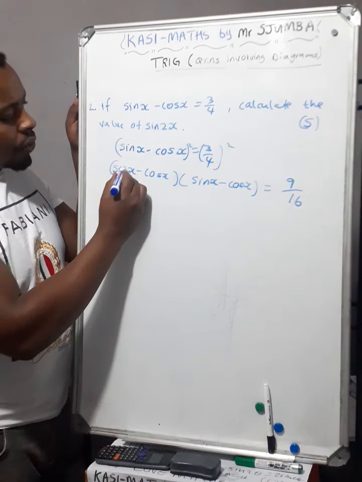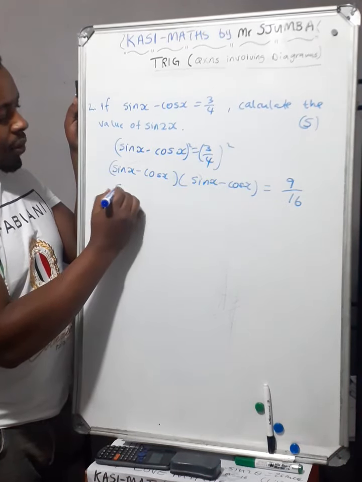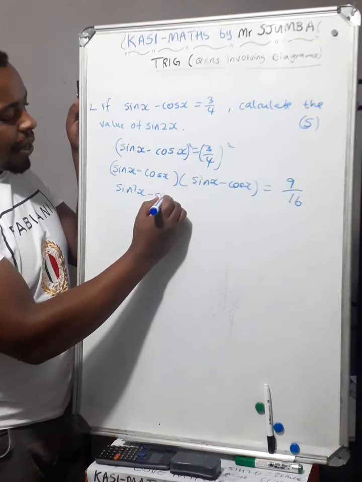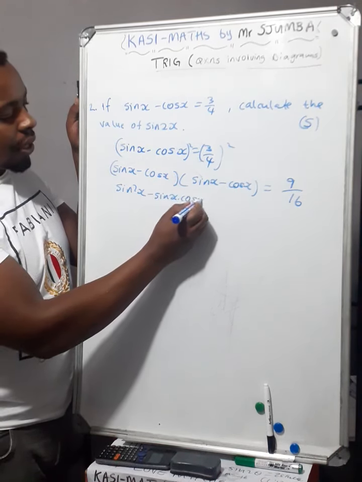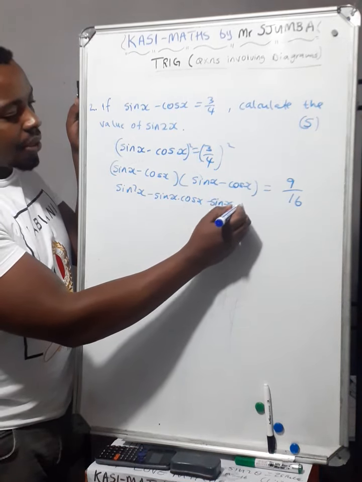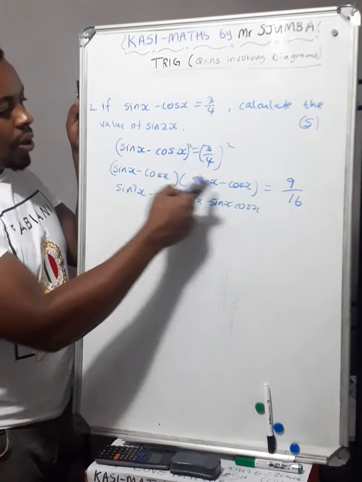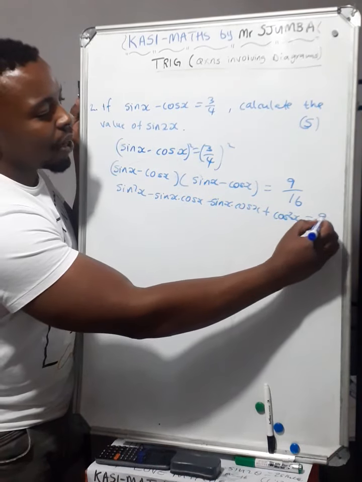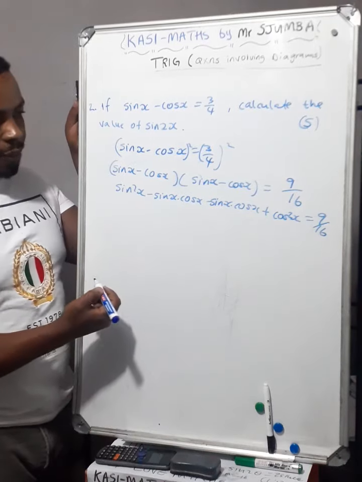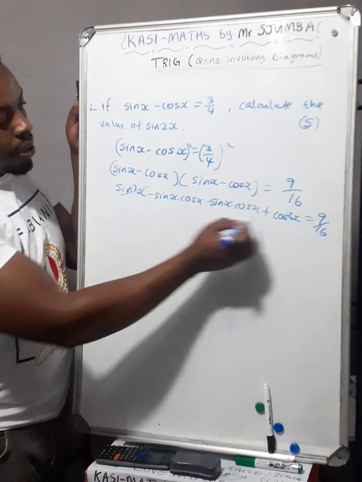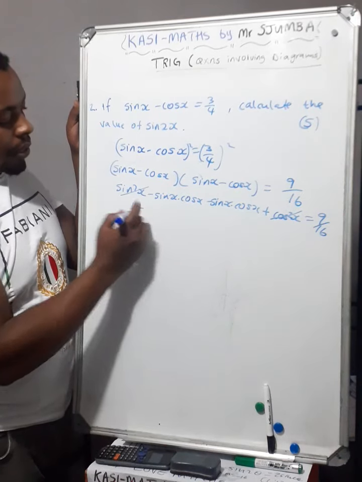Now, so lo na lo it's sine squared x, lo na lo yaya minus sine x cos x. Lo na lo it's minus sine x cos x, lo na lo it's plus cos squared x equals to 9 over 16. So I simplify njalo le lo na lo will make 1.